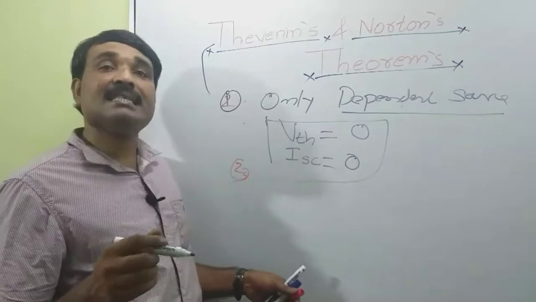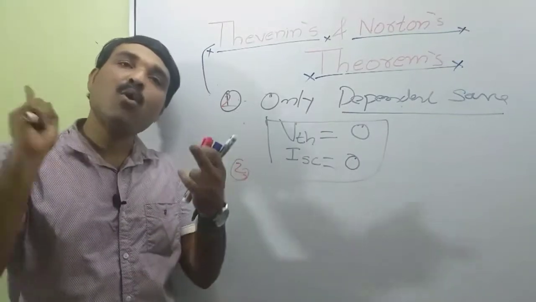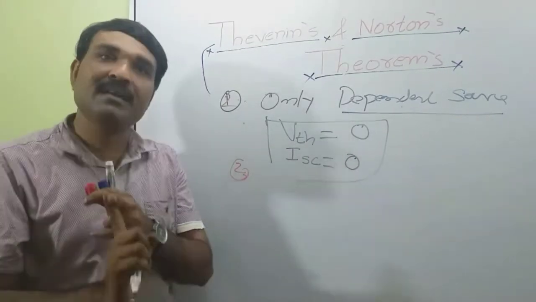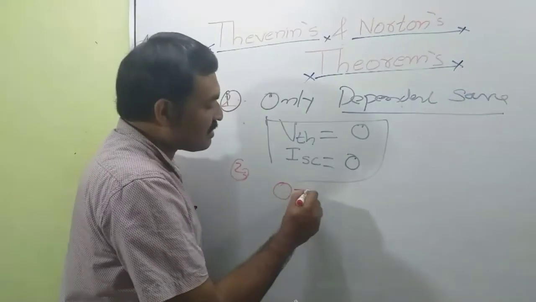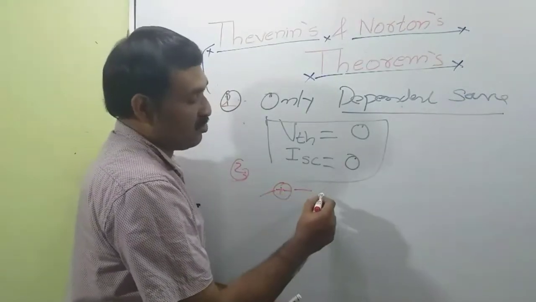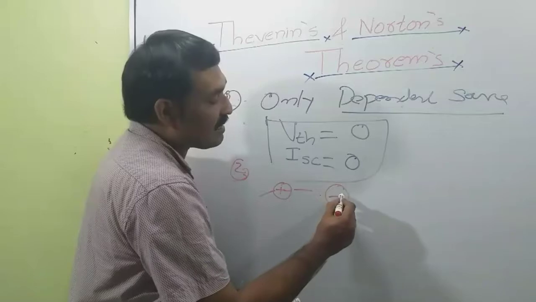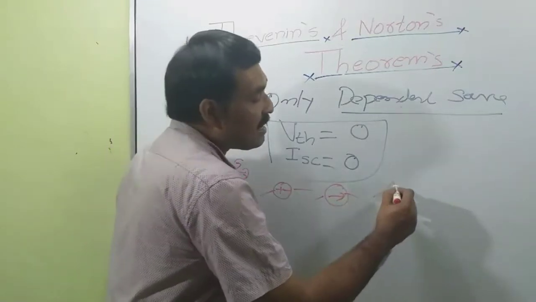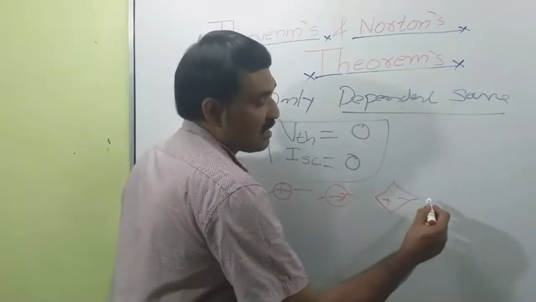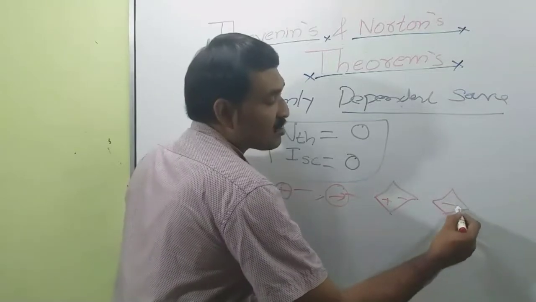And the third case is a circuit consisting of both dependent and independent sources. That means a circuit consisting of an independent voltage source or independent current source and a dependent voltage source and dependent current source.